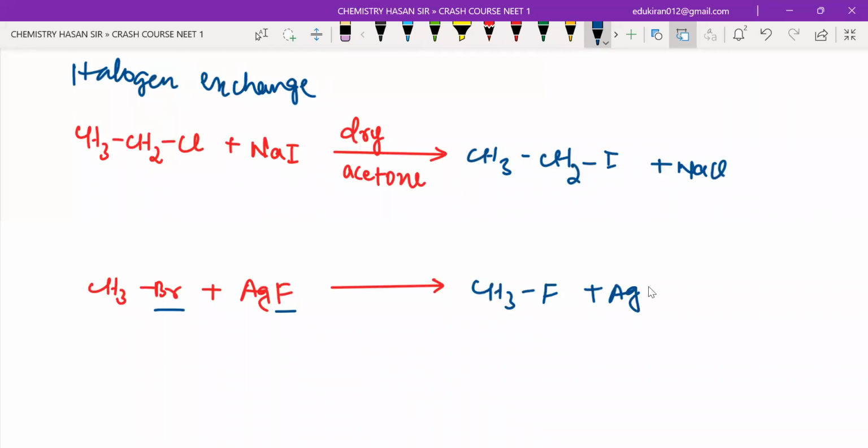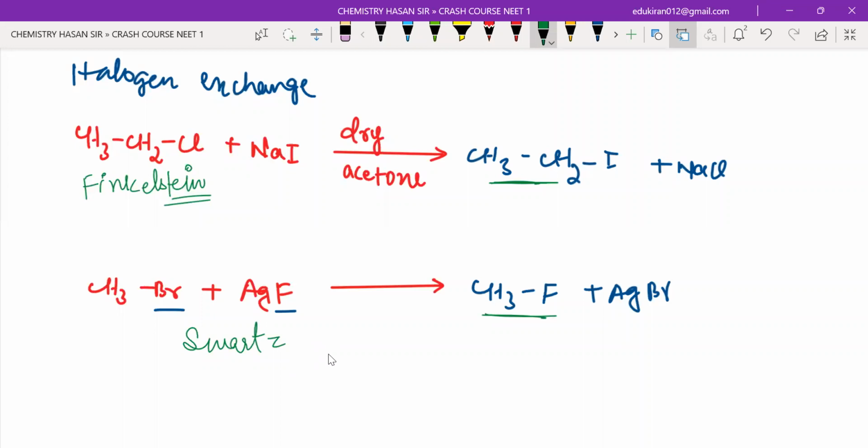What is the name of the reaction? This is basically the Finkelstein reaction, in which we especially prepare iodoalkane, and to prepare especially fluoroalkane, this is known as the Swarts reaction. Is that clear?